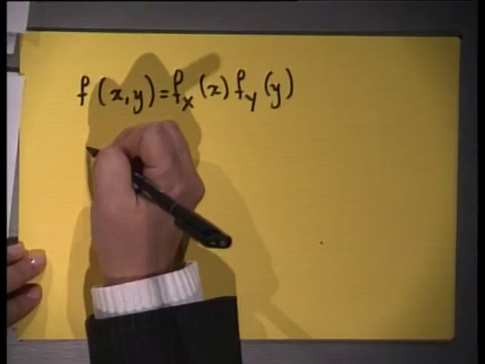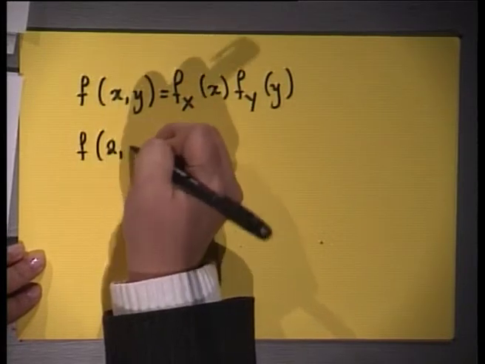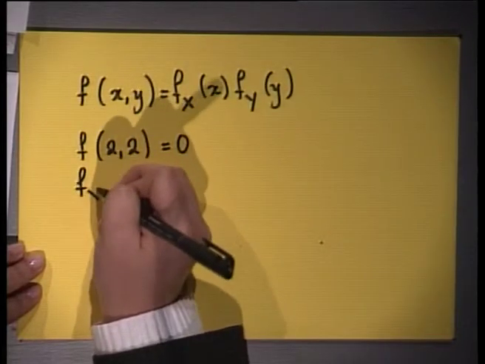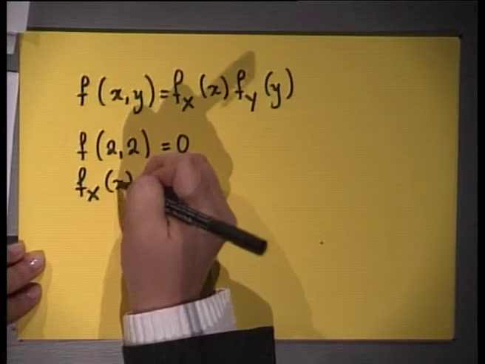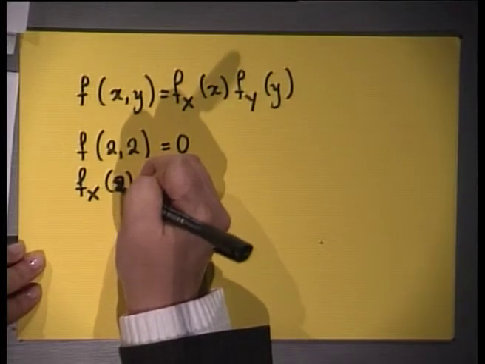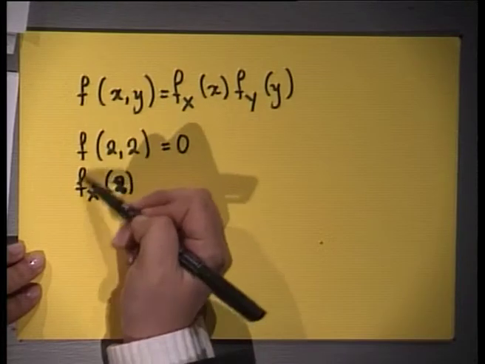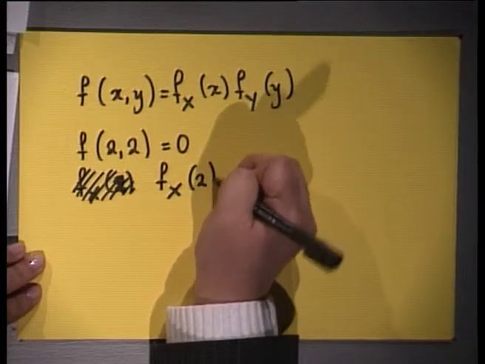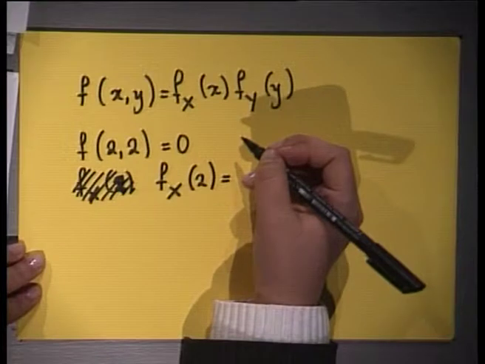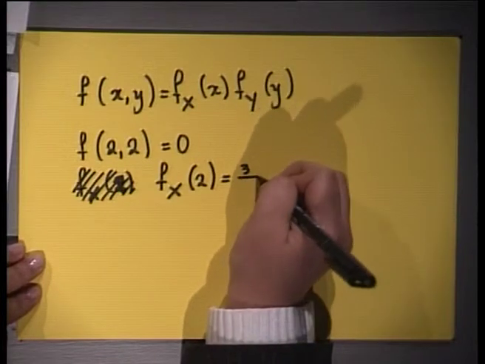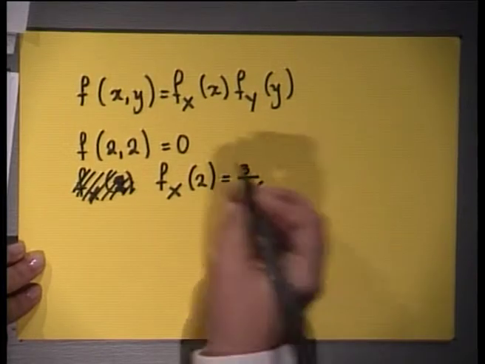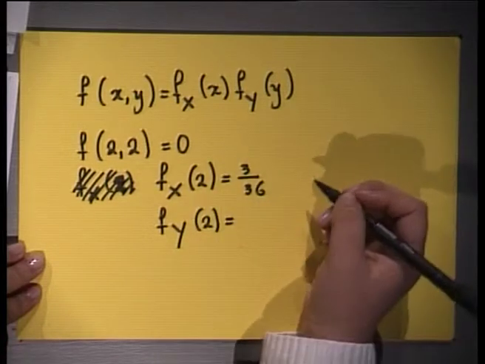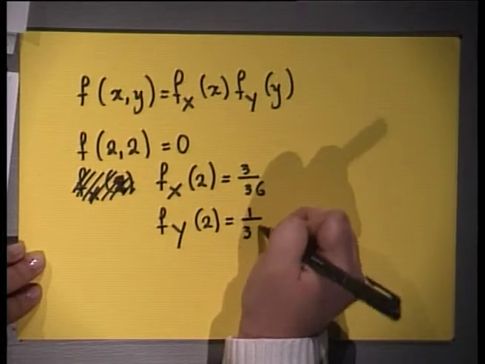We have that f(2,2) equals 0, but the marginal of x at 2 is equal to 3 over 36, and the marginal of y at 2 is 1 over 36.